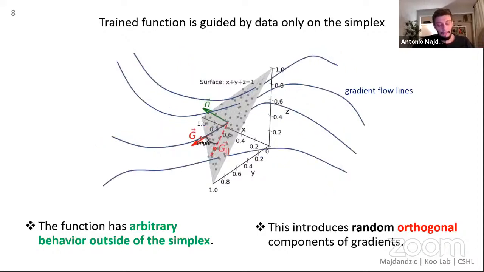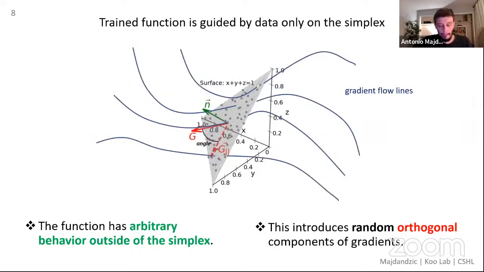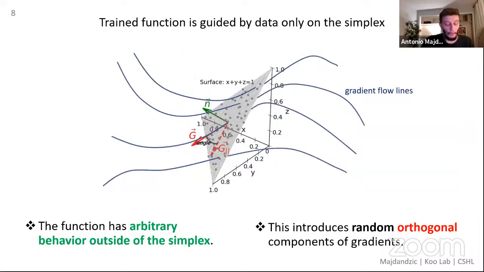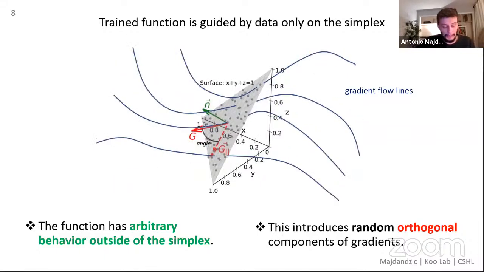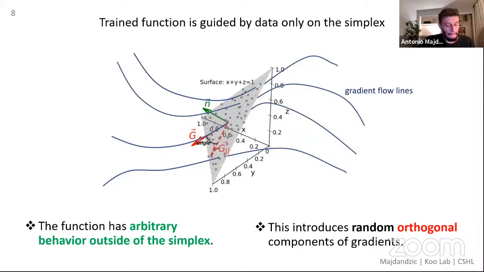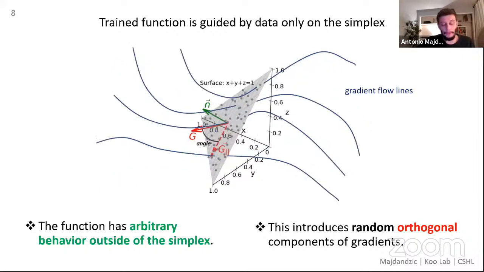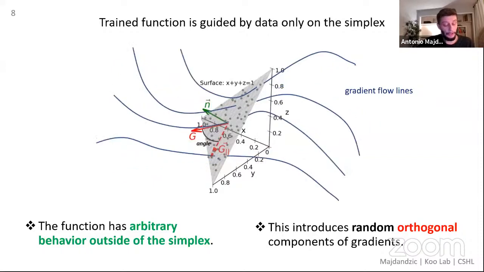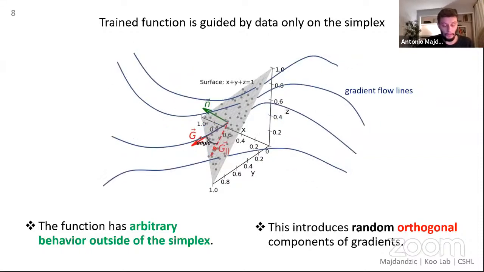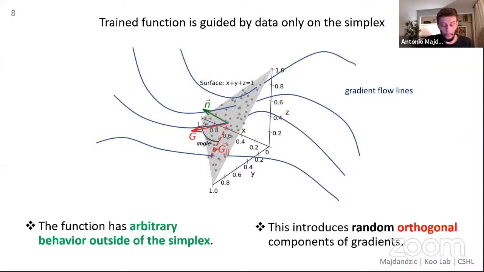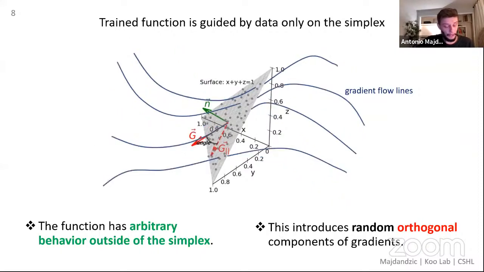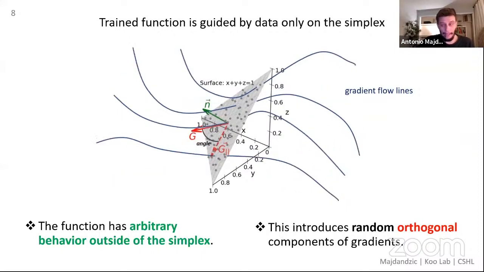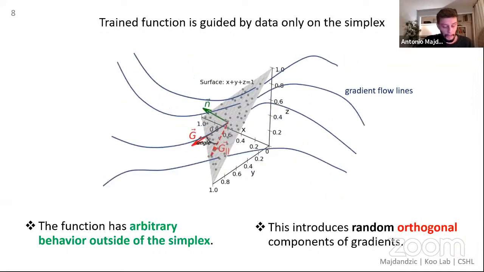Now, something very interesting happens when you train a network on this type of data. The function that a network learns will be well defined on the simplex, where the data points live. However, the function has freedom to express any random behavior outside of the simplex because there's no data there to guide the function. So here in the animation, we illustrate that by showing two very different functions with different angles with respect to the simplex.